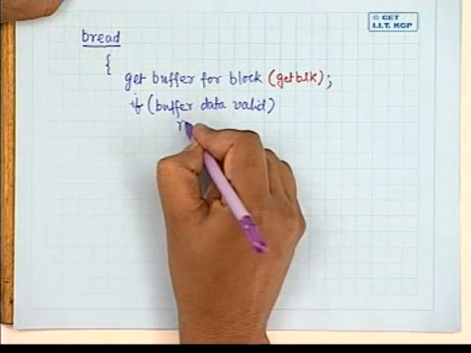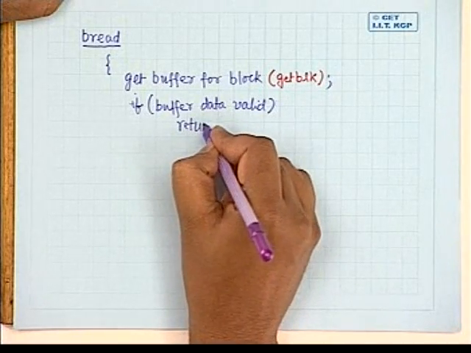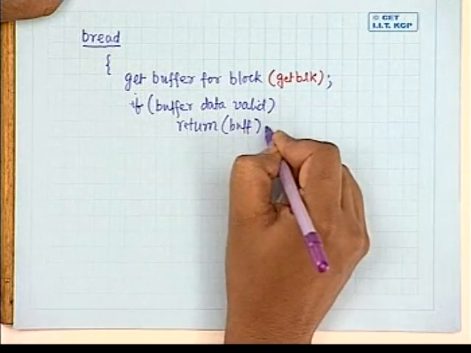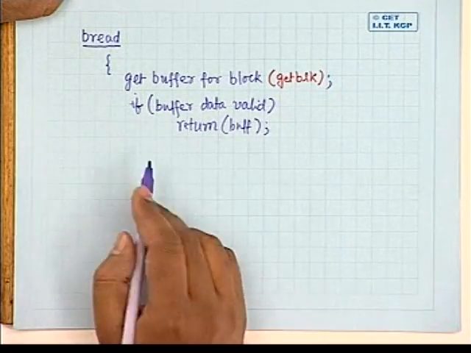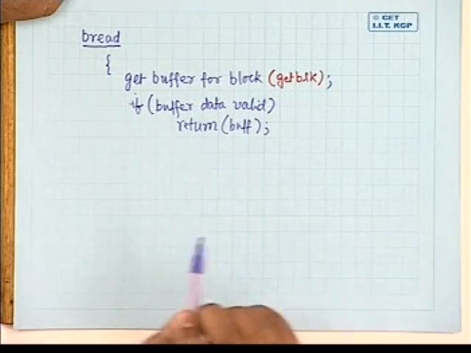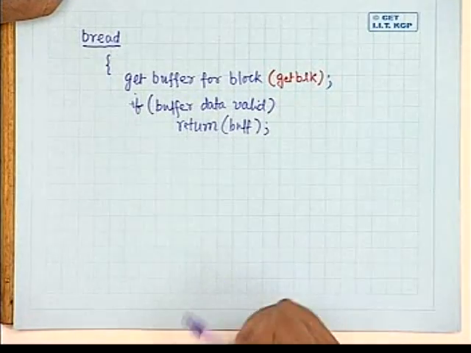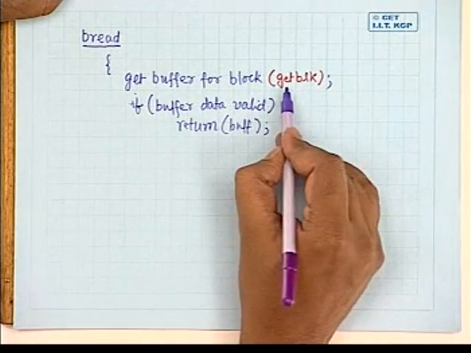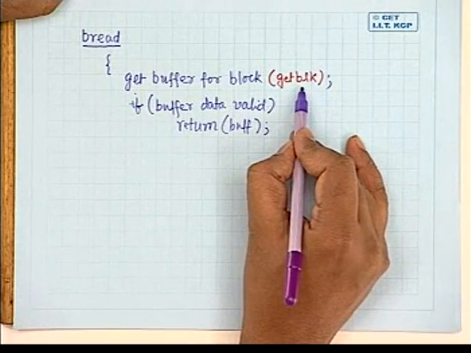In that case, you simply return the buffer to the process. Now, if there is no buffer containing the requested block, then obviously I cannot return a buffer containing the data. I have to return a free buffer. So, that free buffer will also be returned by this get block algorithm.